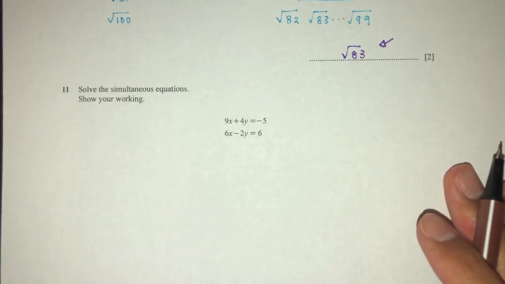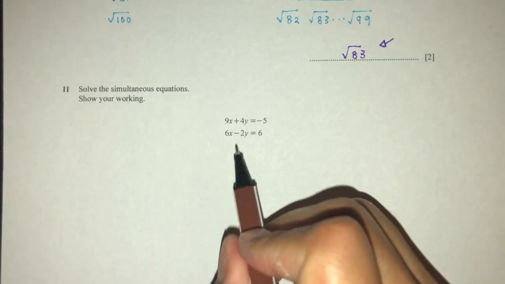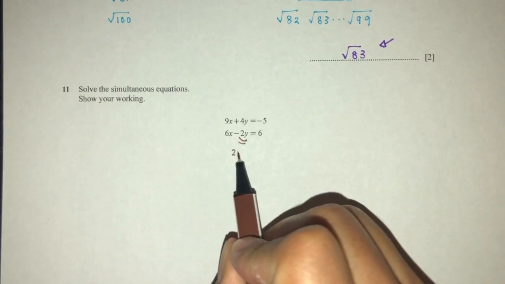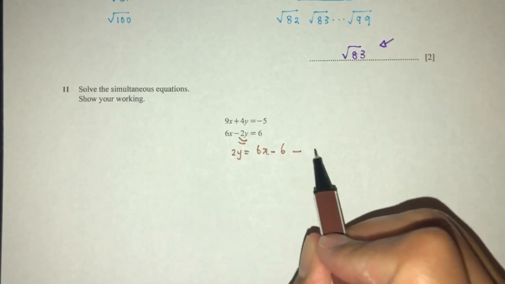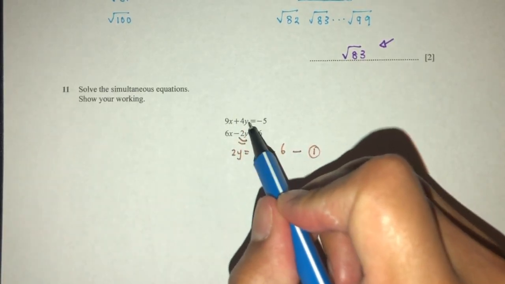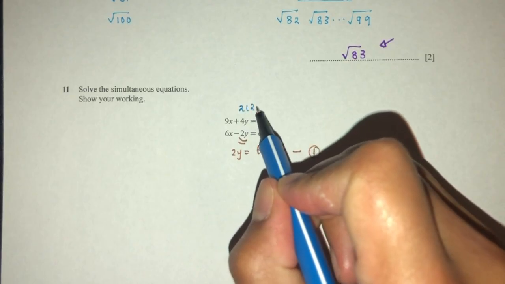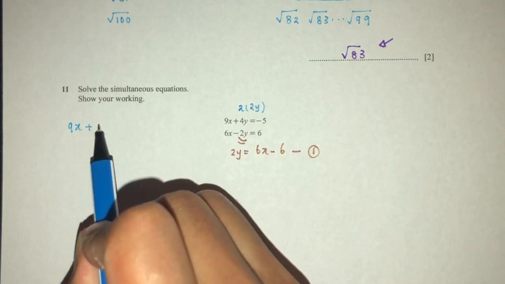Now for question 11, we have to solve the simultaneous equations, which means finding the value of x and y. One by one, I can first make y the subject. So 2y is 6x minus 6. That is my equation number 1. Now I can replace here. If you observe, 4y is actually 2 times 2y. So your answer will be 9x plus 2 times 2y.